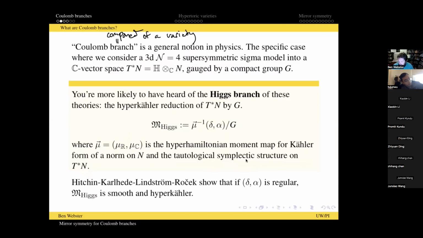So when I do this, I'm dividing out by 3 different moment maps, taking levels for 3 different moment maps, and then dividing out by this compact group. And the result is hyperkähler. It was a theorem of Hitchin, Karlhede, Lindström, and Roček that as long as I choose a regular value of the moment map, this quotient is smooth and hyperkähler.